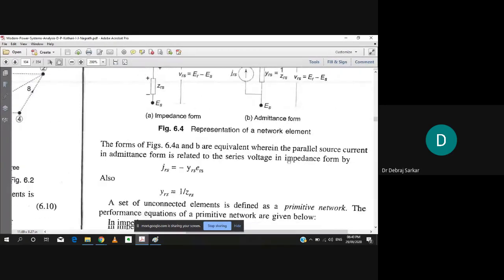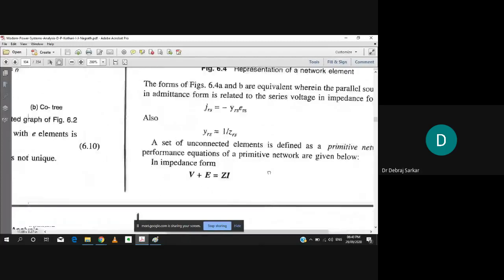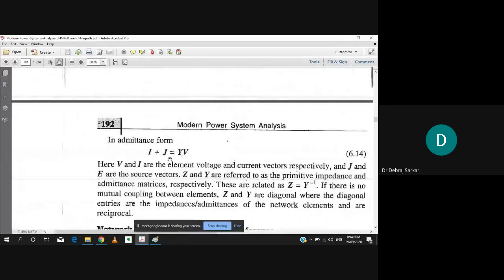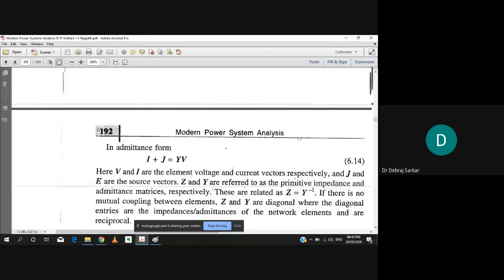If we represent it in a matrix format, it can be written like this. This is the set of all the currents in the branches.